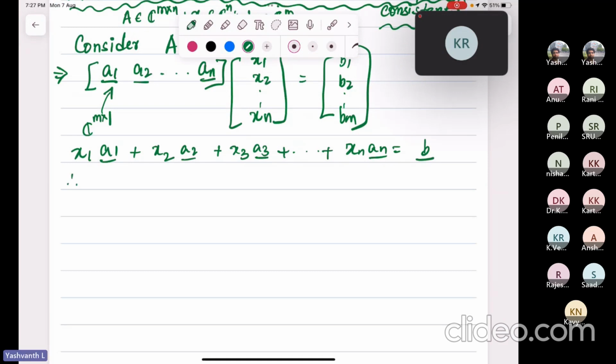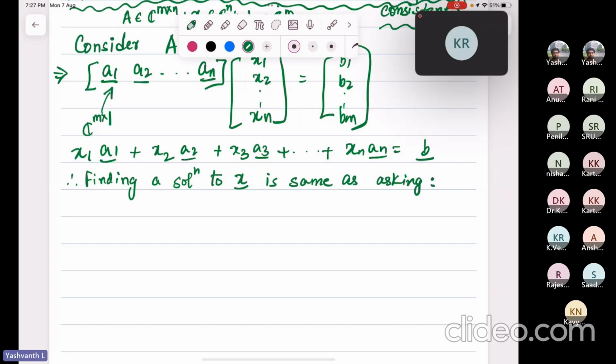Therefore, finding a solution to x is the same as asking, what is the question?